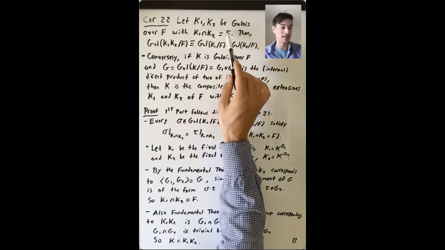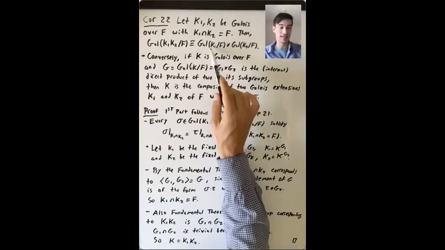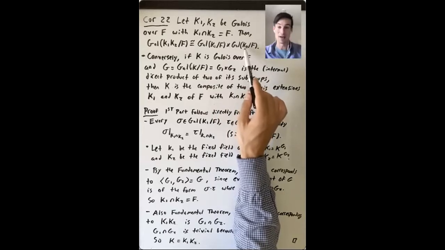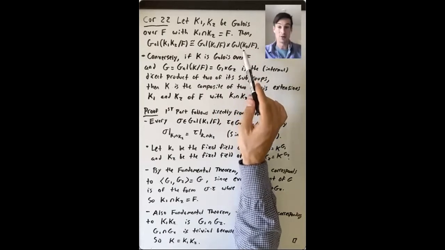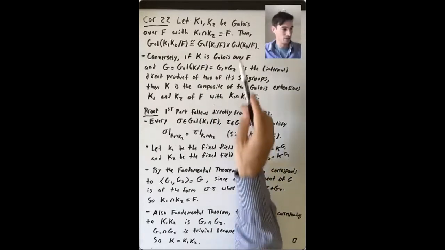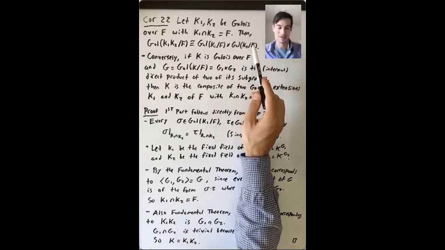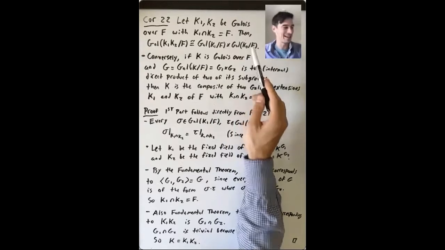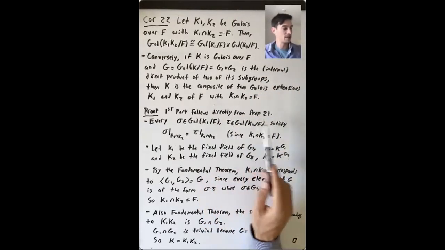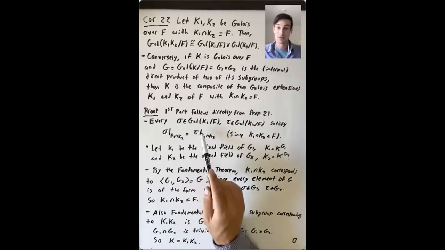But if K1 intersect K2 is just F, every sigma in Galois K1 over F fixes F. Every tau in Galois K2 over F fixes F. So it's just always true that sigma restricted to K1 intersect K2 is equal to tau restricted to K1 intersect K2. So that's what I've written here. Every sigma and tau satisfy that their restrictions to the intersection are the same map because it is the identity on F.